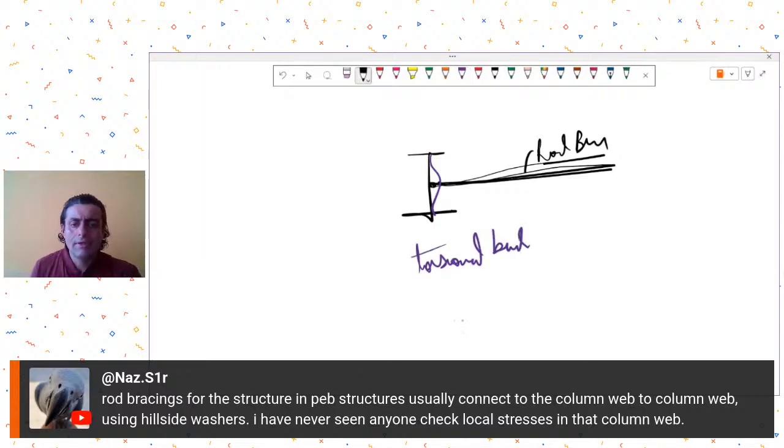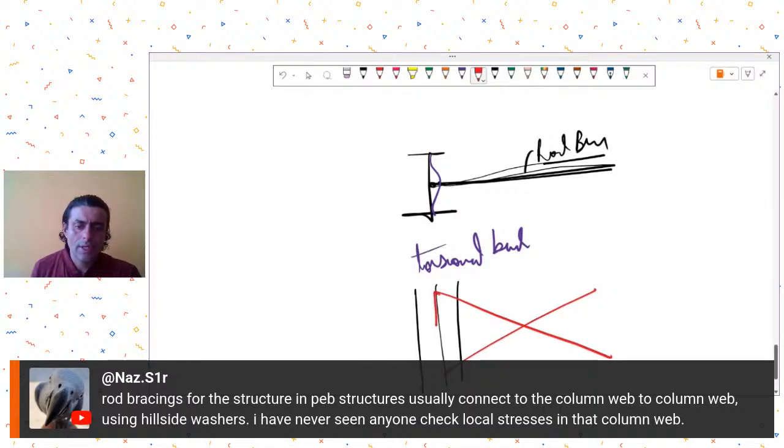Because in elevational view, if you see, this is your column, this is your web, and there is this, let's say, rod bracing connected like this. So one component of force will be downwards, and if that force is at certain eccentricity from the center, let's say your bracing was connected over here in plan. Because of this eccentricity, there is a situation which can create torsional buckling in your columns.